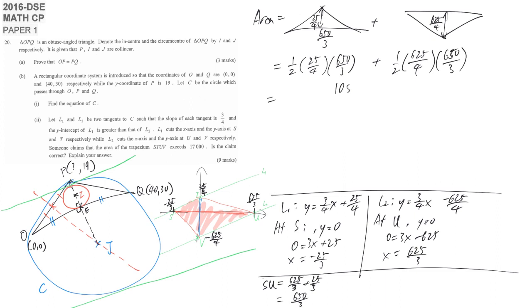You get 105625 over 6. And this value is larger than 17,000, so we agree with the claim. That's all for this question.